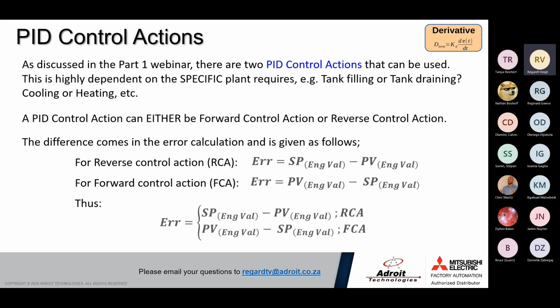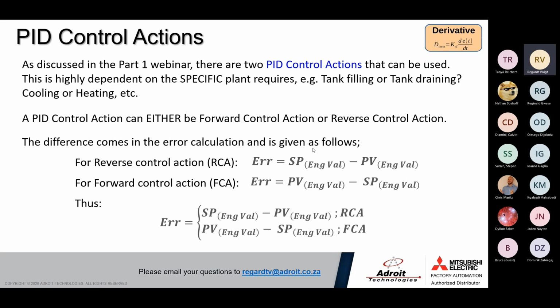Because if the furnace gets too hot, you want the valves for the combustible gas to start closing. And what will determine if the furnace gets too hot? That would be your feedback signal from your analog signal, which is your thermocouple or RTD coming from the furnace into your PLC, which will give you a high analog input into the PLC. So therefore, you have a reverse control action.